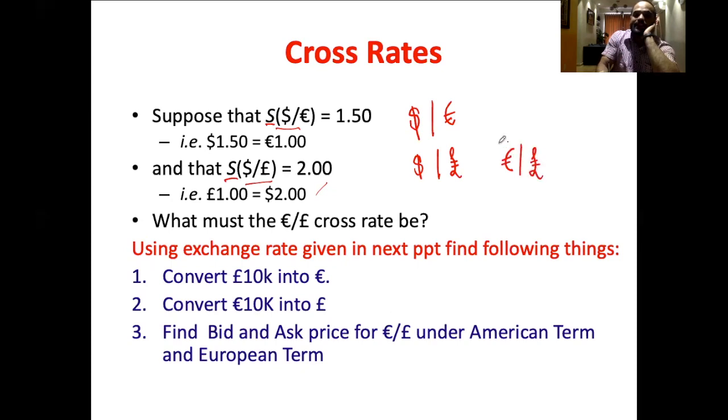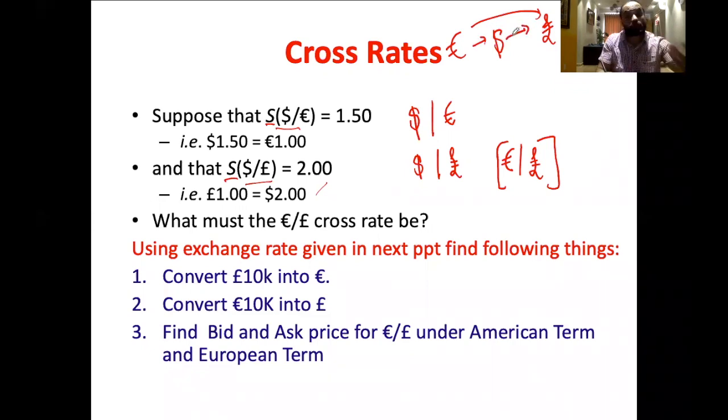If you want this exchange rate, the benefit is that you don't have to do it every time. Let's say if you have euro, and you want your position in pounds. So every time you have to go through USD. That's the meaning of cross rate, right? Every time you have to go through USD to get your position of euro into pounds.